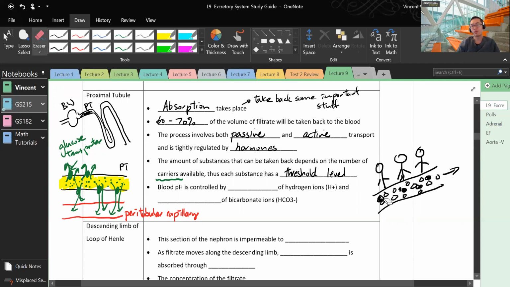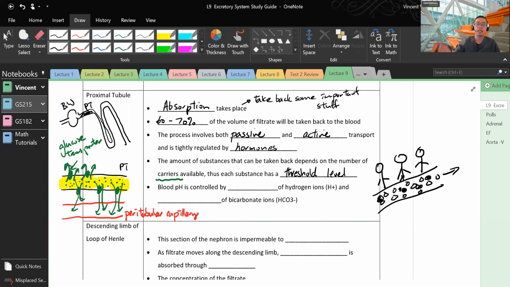It will just pass through. So these people are kind of like the transporter, and the bad potatoes are like the glucose. If they are working at full capacity, then they have reached their threshold level and you won't be able to absorb them anymore, so they will end up in your urine. I don't know if you've heard this before, but people who have diabetes, their sugar level in the urine could be elevated if they're not on any medication.